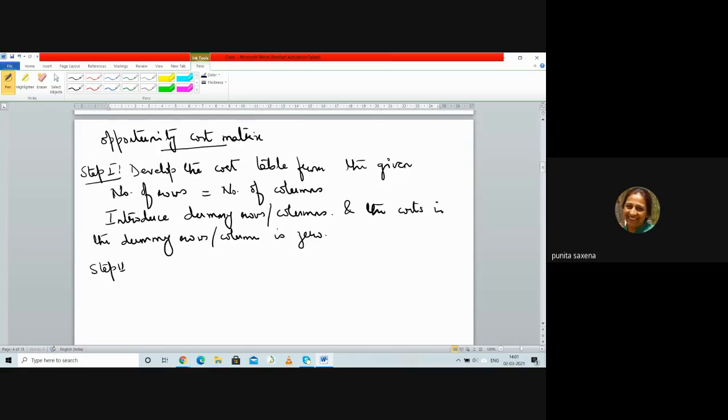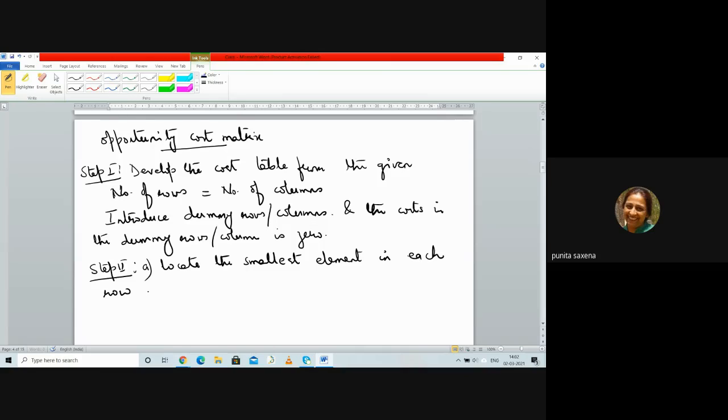Then in step number 2, we form the opportunity cost table. This has to be understood and listened to carefully. What we do is locate the smallest element in each row separately. Each row is to be handled separately.